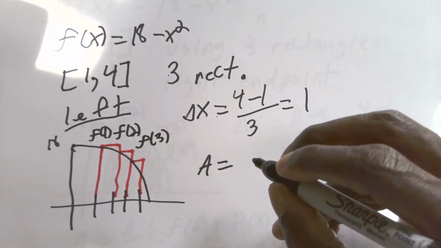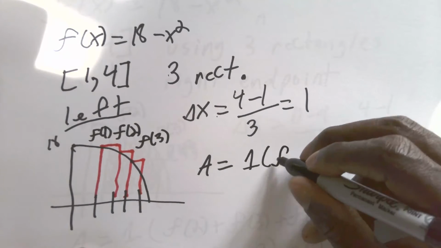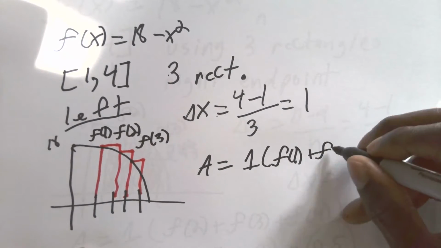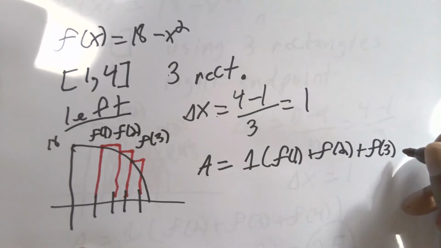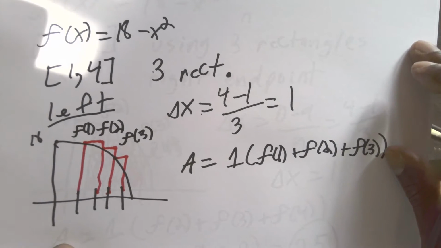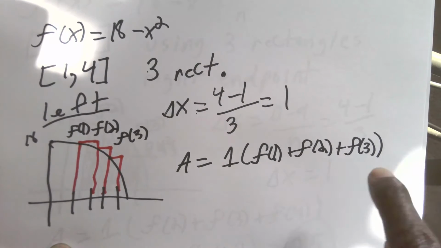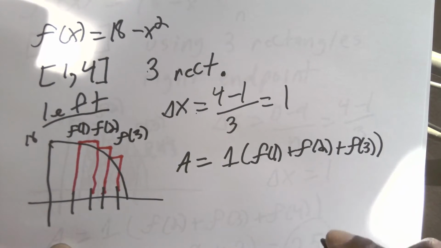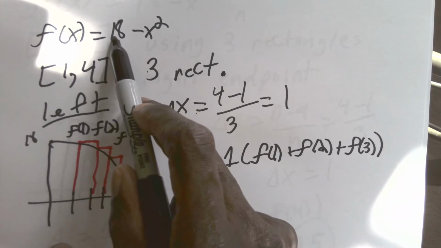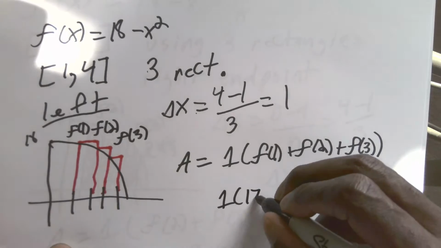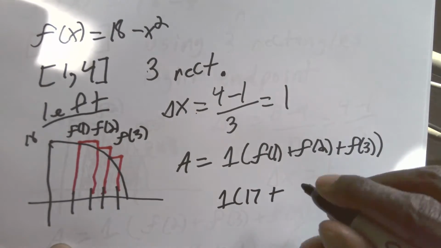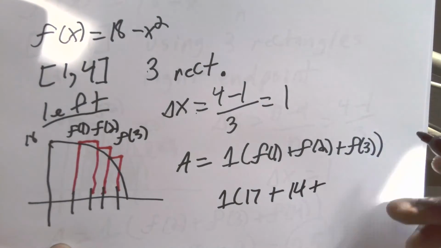And so it would be 1 times f of 1 plus f of 2 plus f of 3. If we do the math, we've already figured out f of 2 and f of 3. And f of 1 would just be 18 minus 1 squared, that's 17. So that would be 1 times 17 plus f of 2 was 14 plus f of 3 was 9.